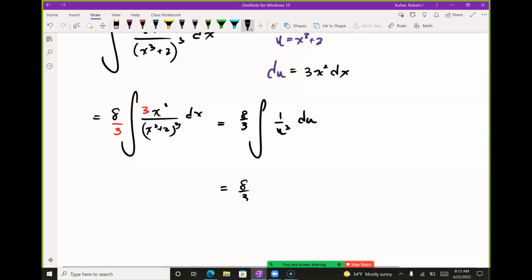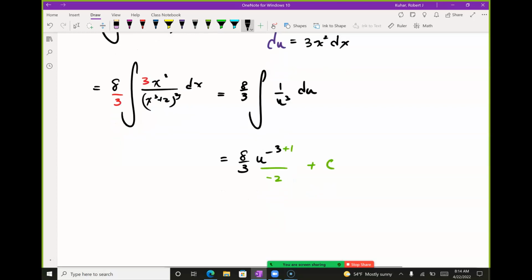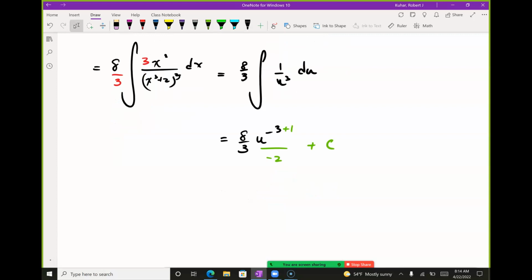So I have 8/3 of u to the minus 3, and I'm integrating, right? So I'm going to add 1 to my power and divide by the new power and add a constant c. How we doing? Yep. Nice. So then I just clean this up a little bit.